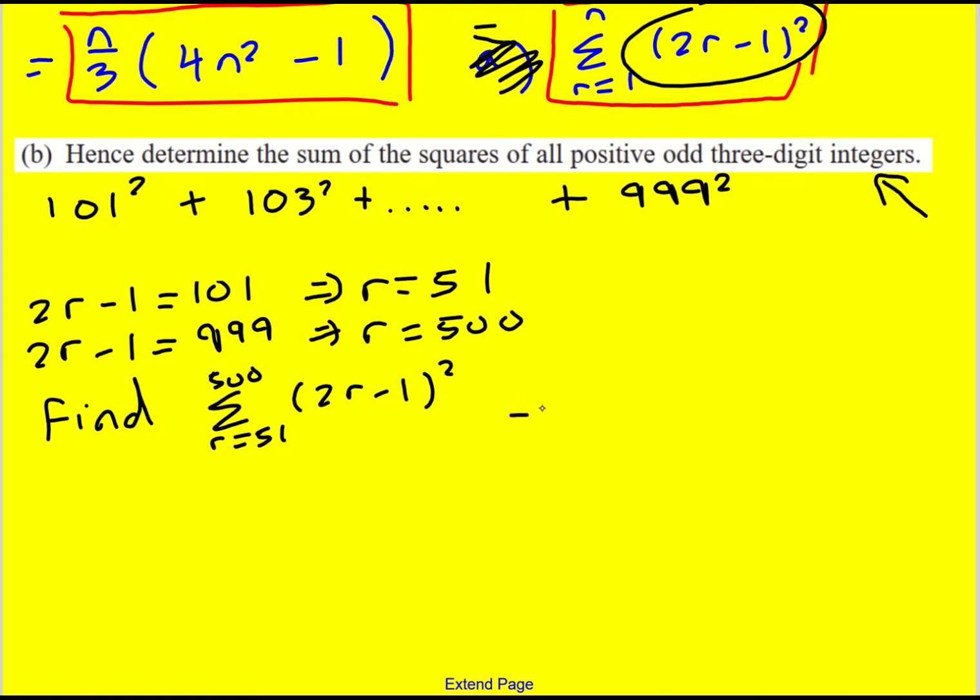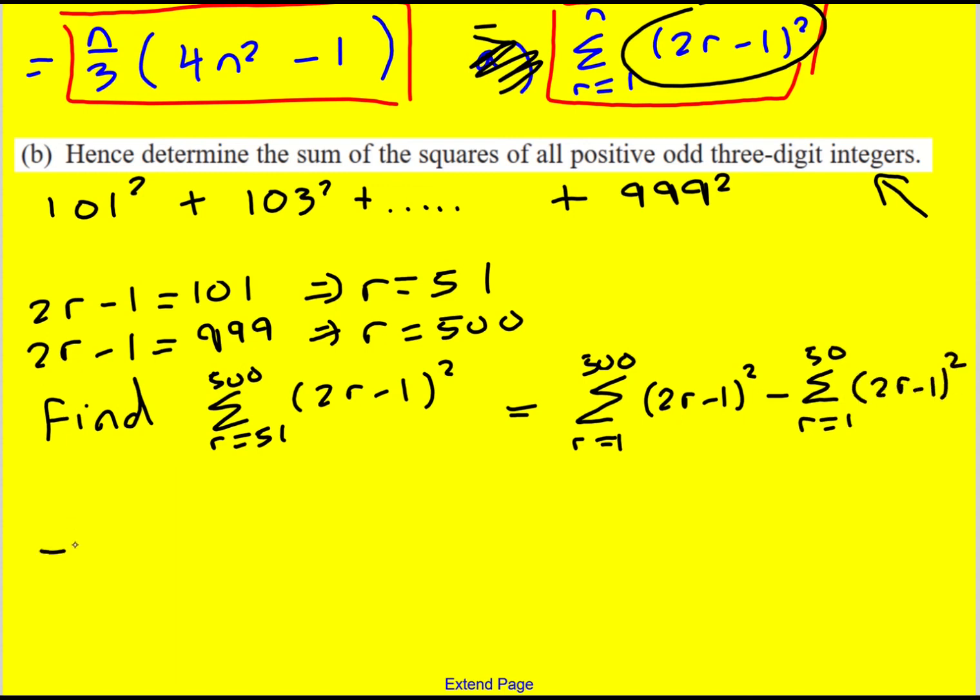Okay, well, I have the sum from 1 to n, and I want 51 to 500. So I'm first of all going to do 1 to 500, and then just subtract the ones that I don't want. So 1 to 50. Remember, I want to include 51, so I'm only going to subtract up to 50, then I'll be left with 51 onwards.